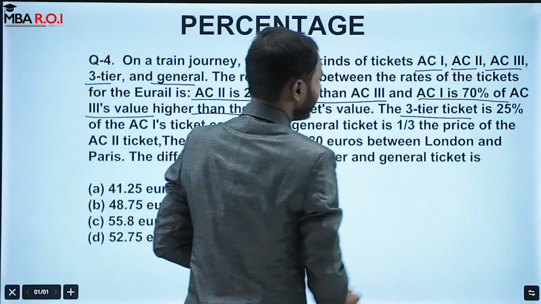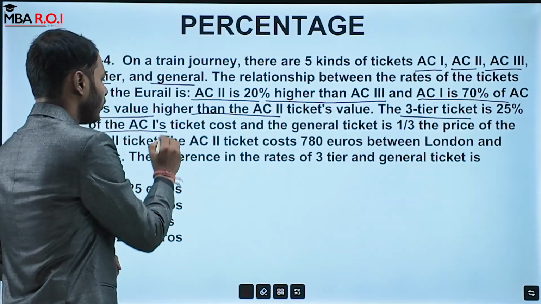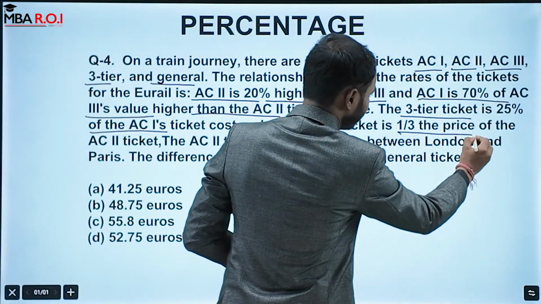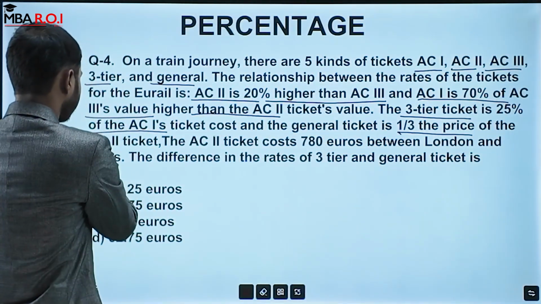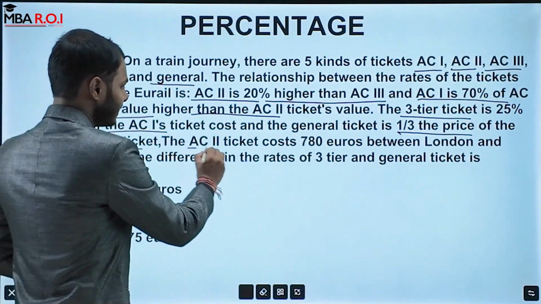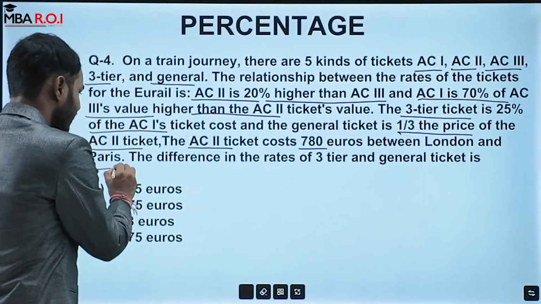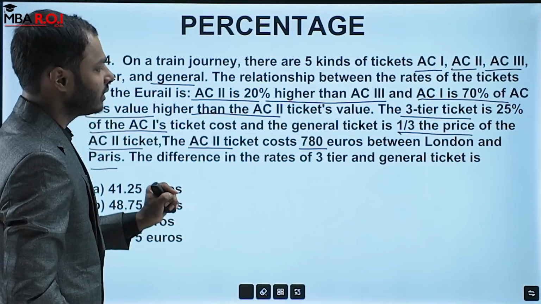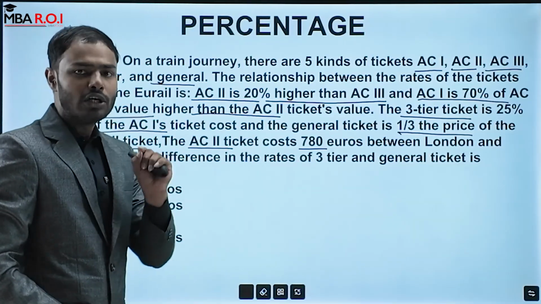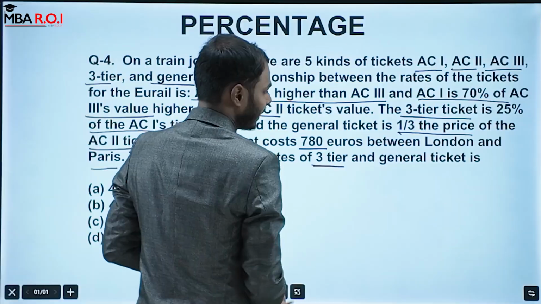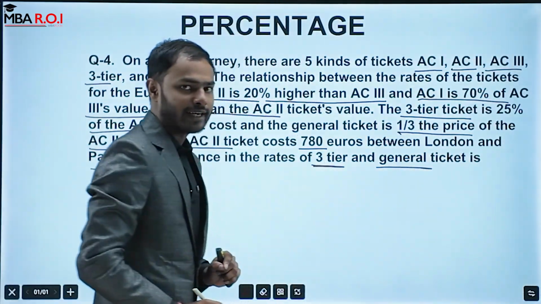The third tier ticket is 25% of the AC first ticket cost, and the general ticket is 1/3 the price of the AC second ticket. The AC second ticket costs 780 euros between London and Paris. The difference in the rates of third tier and the general ticket is. So basically we need to find out the difference between the third tier ticket price and the general ticket price.